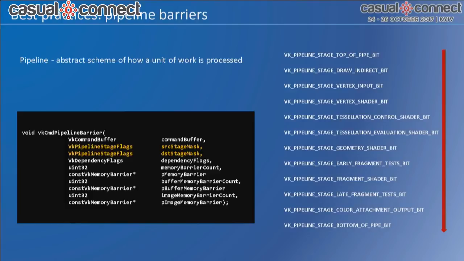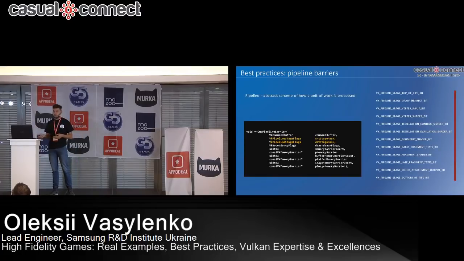Here is the pipeline barrier API, and we use the source stage mask to describe which commands must be finished before passing this barrier, and the destination stage mask shows for which operations execution hasn't been started yet.